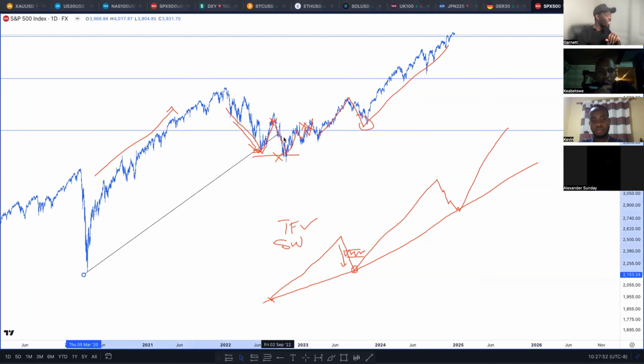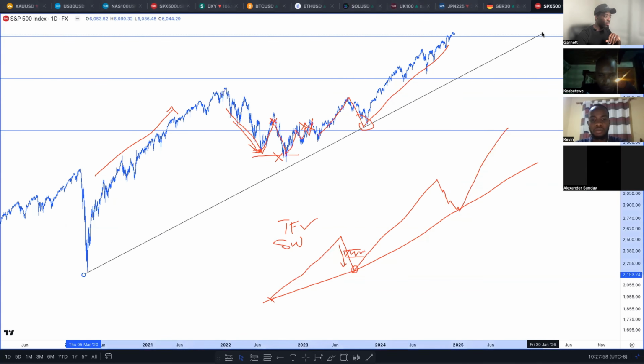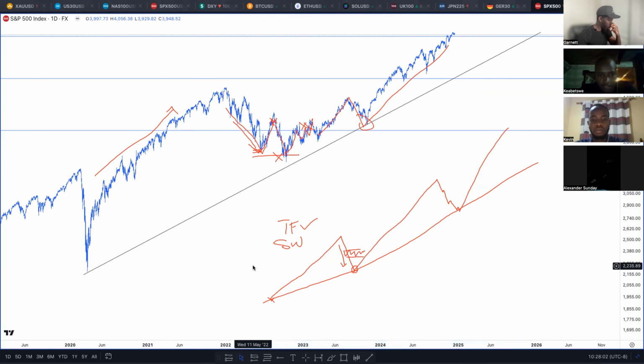Another way I understand it is, I always try to also check where they broke the structure. Yes, so basically take out a high. I'll show you one thing about the structure being broken.